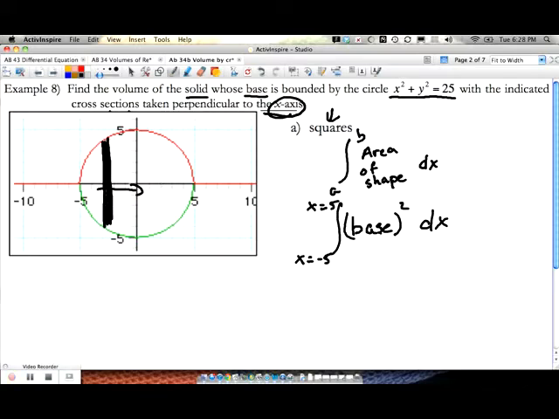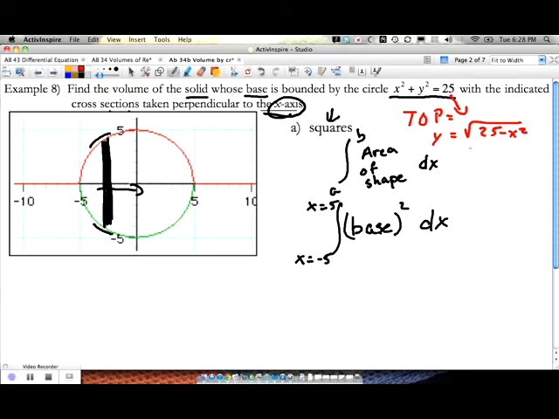I just need to define what that base is then. Well, if I try to find the distance between two curves, that's just the top one minus the bottom one. Then I need to define what is this top curve and what is this bottom curve. Both of them are defined by the circle. And notice that in the red here, we're going to have the top half of it, and the green is the bottom half. So let's start with the red. The top is going to be this equation, but solved for y. So y equals radical 25 minus x squared.